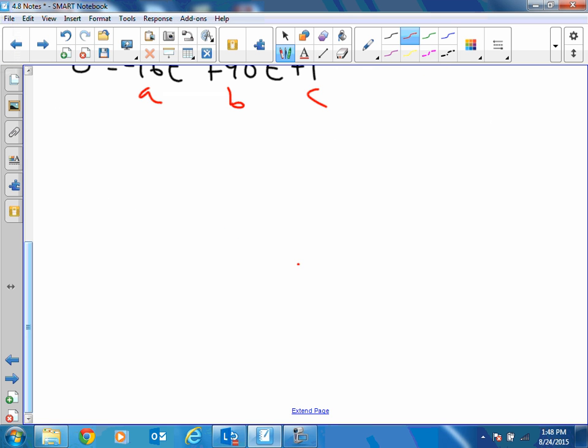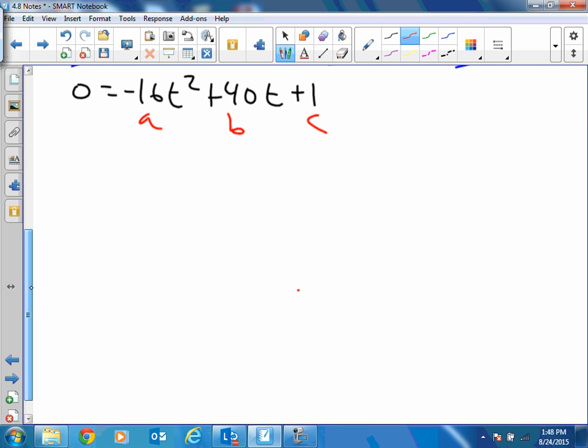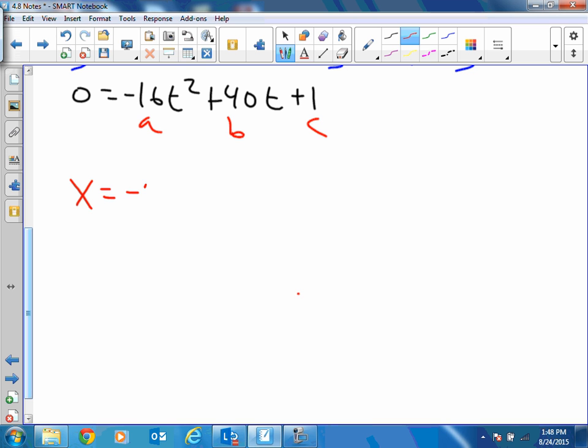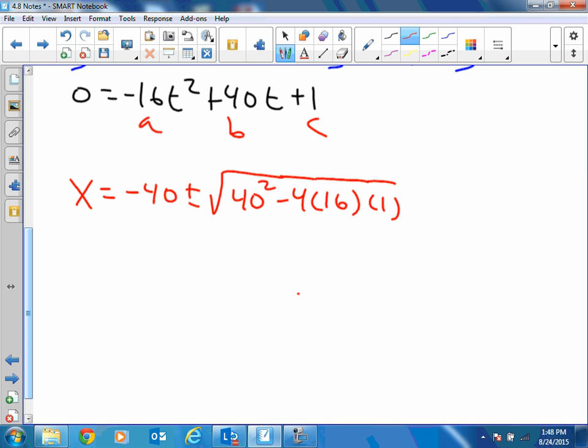So we have t equals opposite b, negative 40, plus or minus square root, 40 squared minus 4 times negative 16 times 1, all over 2 times a, which is negative 16.